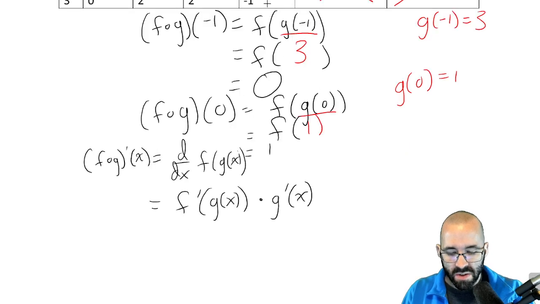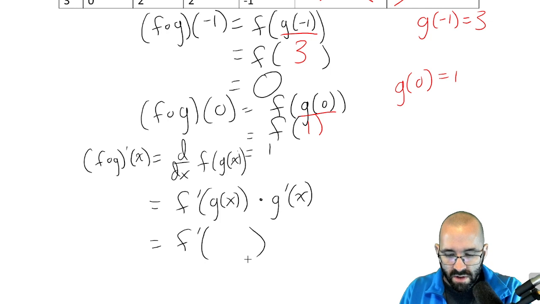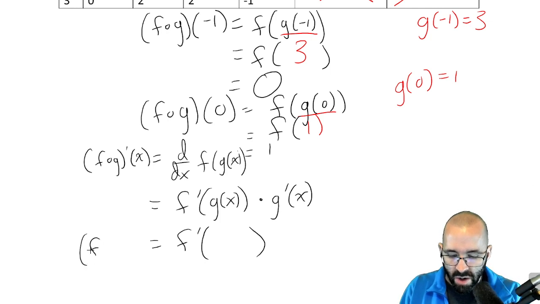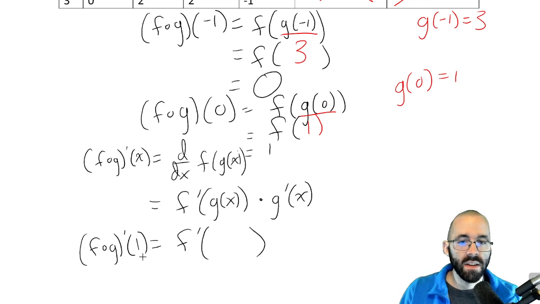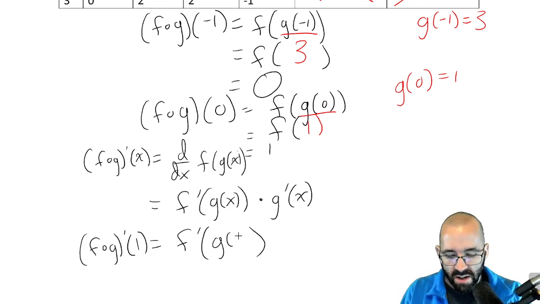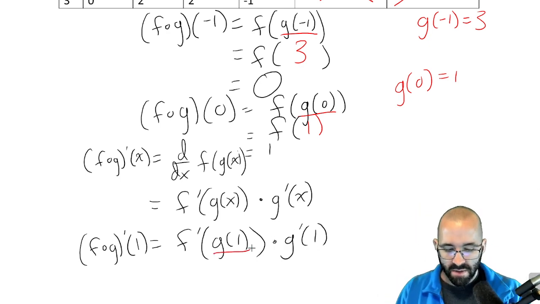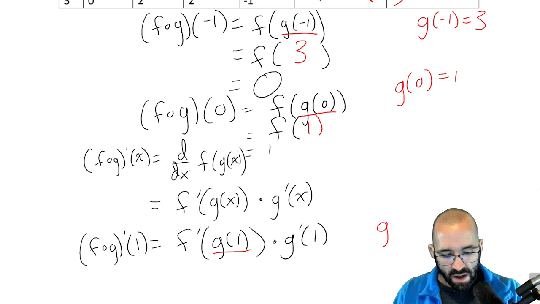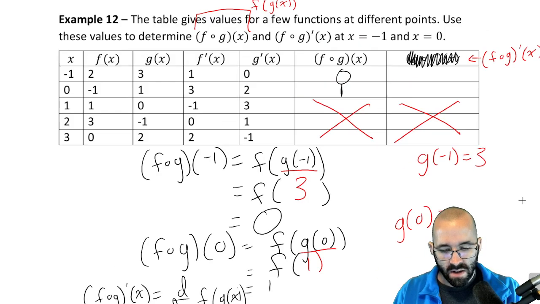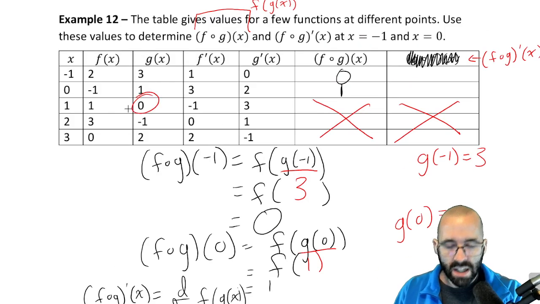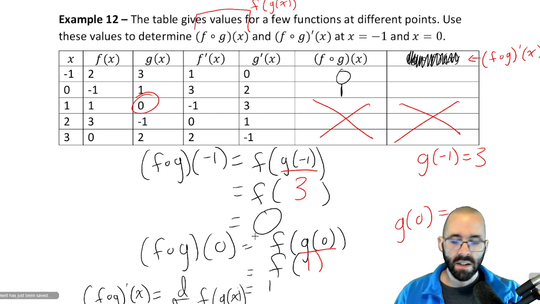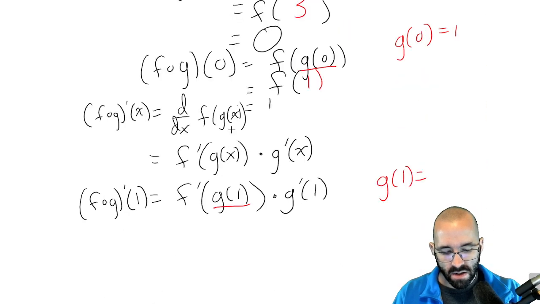So now, again, we do something very similar. This is f prime of, again, we want to know what is f of g prime at 1? Well, we need to know what is g of 1. And then we'll multiply by g prime of 1, and we can find all these things. G of 1, the function value of g when the input is 1, is 0.